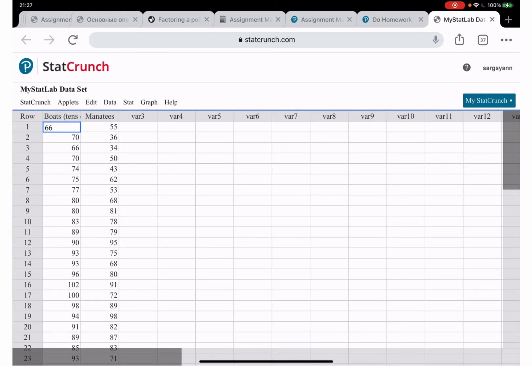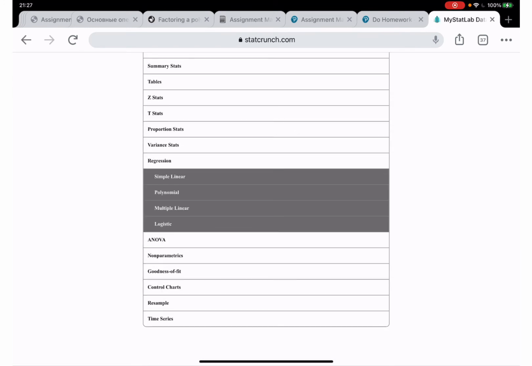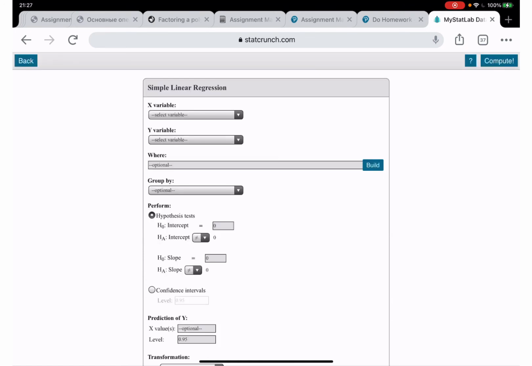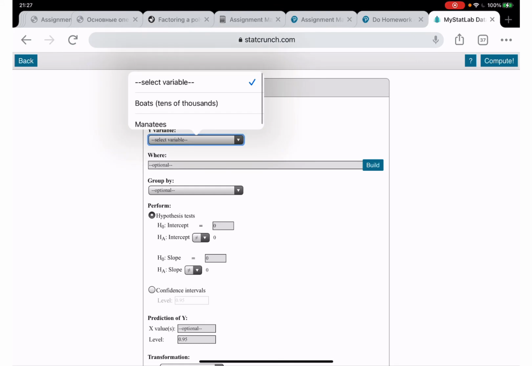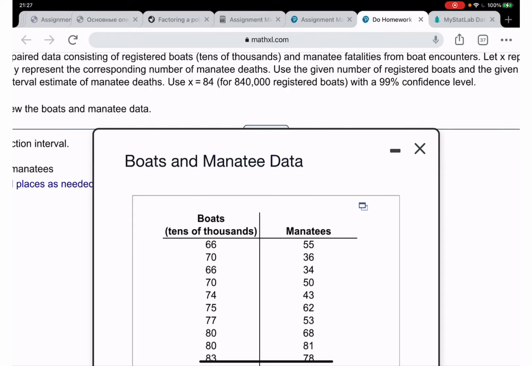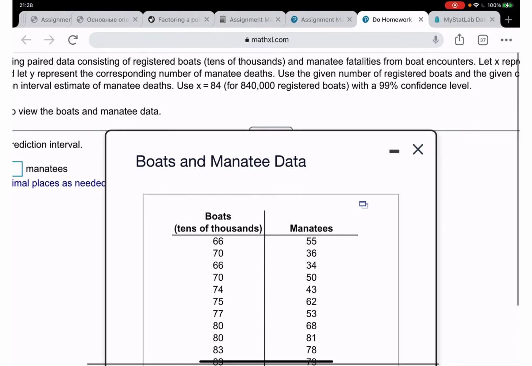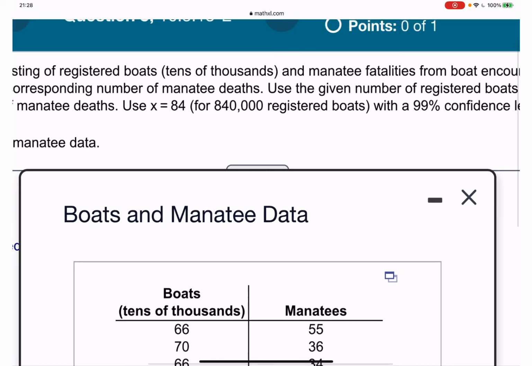We choose Stat, Regression, Simple Linear, and we choose our x and our y. Because we are doing a predicted value, we need to know the confidence level. I have 99% confidence level, and X is 84.